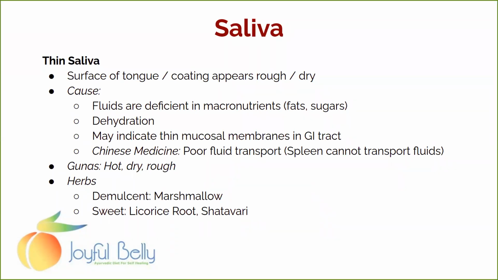It can indicate thin mucosal membranes in the GI tract. So we want a good healthy mucus in the GI tract to protect our digestive organs. If you have very thin mucosa, then the acids in your stomach are going to irritate the lining of your stomach. So we always want to make sure that we have good healthy mucosa.